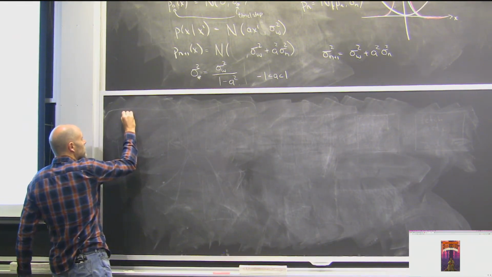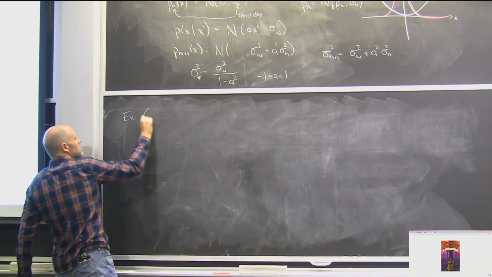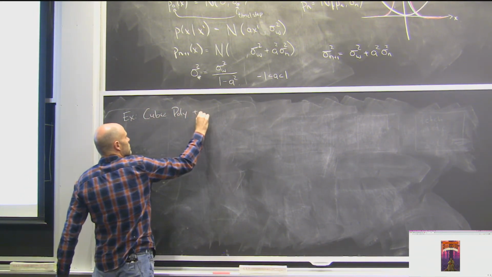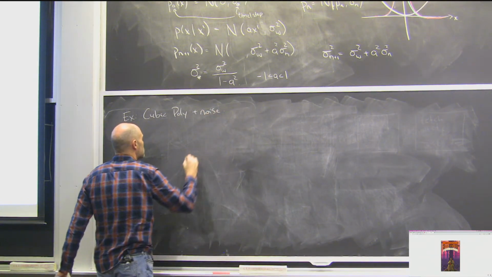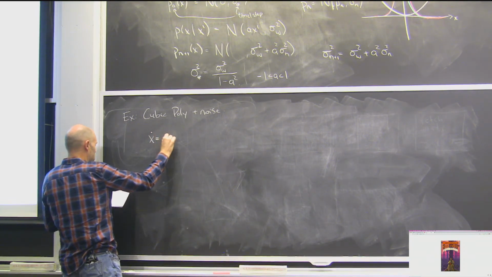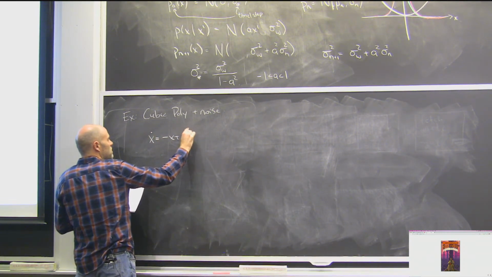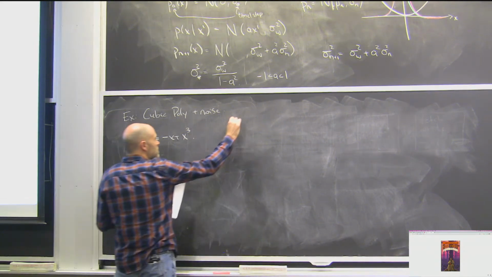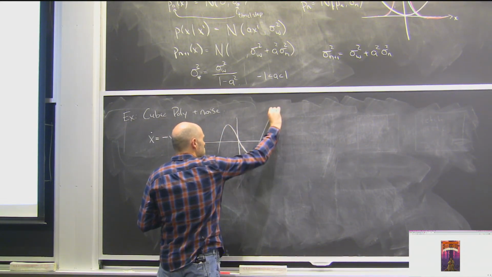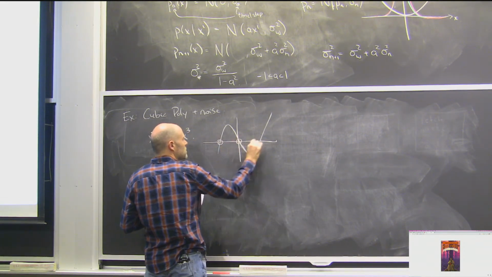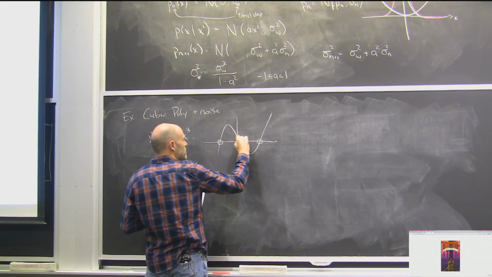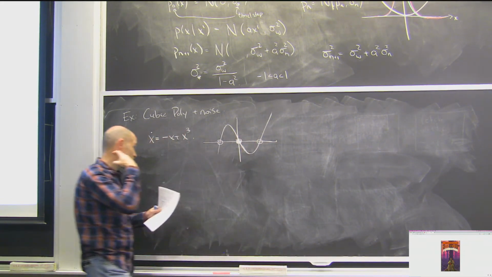Let me do another cubic. But this one, I'm going to flip it upside down. This is the one that looks like this. So this time, this one is the stable fixed point, and these are unstable.